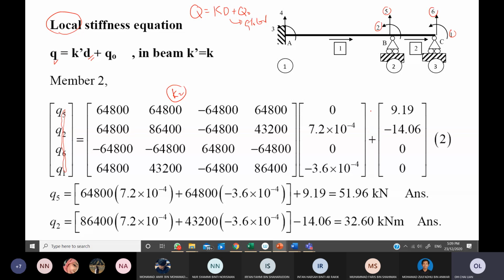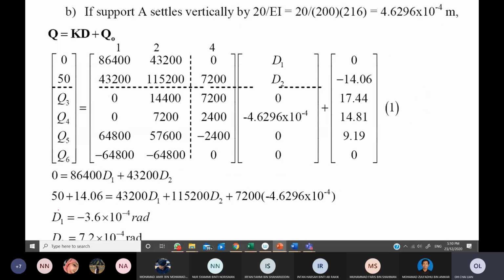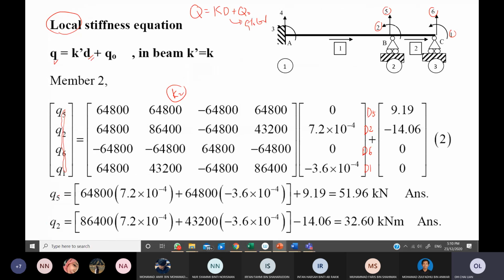So it will be D5, D2, D6, and D1. You have determined the D1 and D2 here, so you can put D1 and D2 into this vector, and 5 and 6 are initially 0, so you just put 0 here.